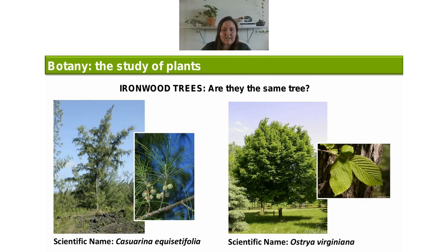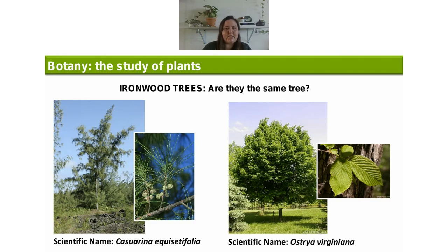Because botanists are studying plants from all over the world, they need a way to identify them, even if they have different common names. How do they do that? They use scientific names. This helps organize the plants and helps them from getting confused. You can see here, even though these trees are both called ironwood, their scientific names are very different.